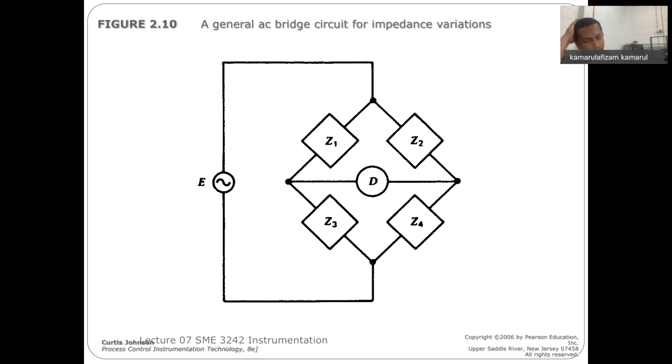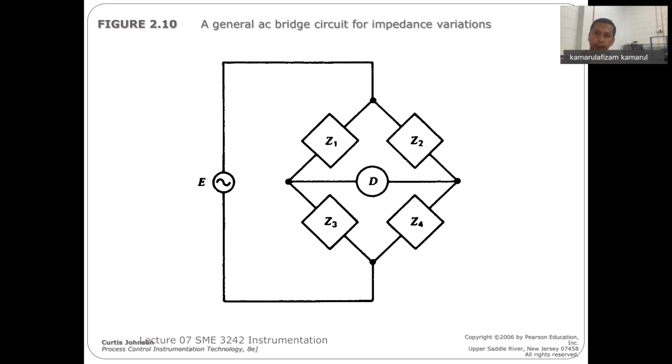Okay, so Wheatstone bridge application doesn't only work with sensors that produce resistance changes. You can also arrange sensors that produce different kinds of output, for example, capacitive or inductive. You can arrange them in the same diamond orientation as the Wheatstone bridge circuit. Looking at this diagram, you have Z3 and Z4 here.